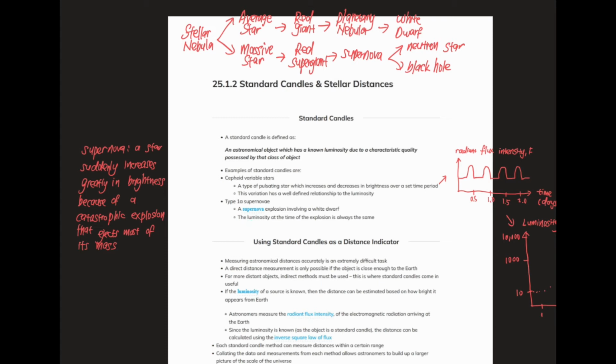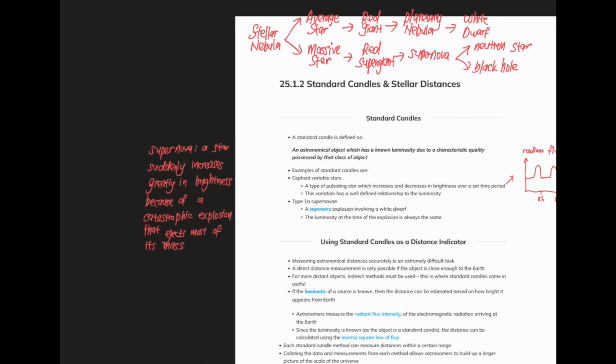And we can find out the distance. Okay, so of course this is supernova, and if you are wondering what type 1a supernova is, I have a short note also, so I put it here.